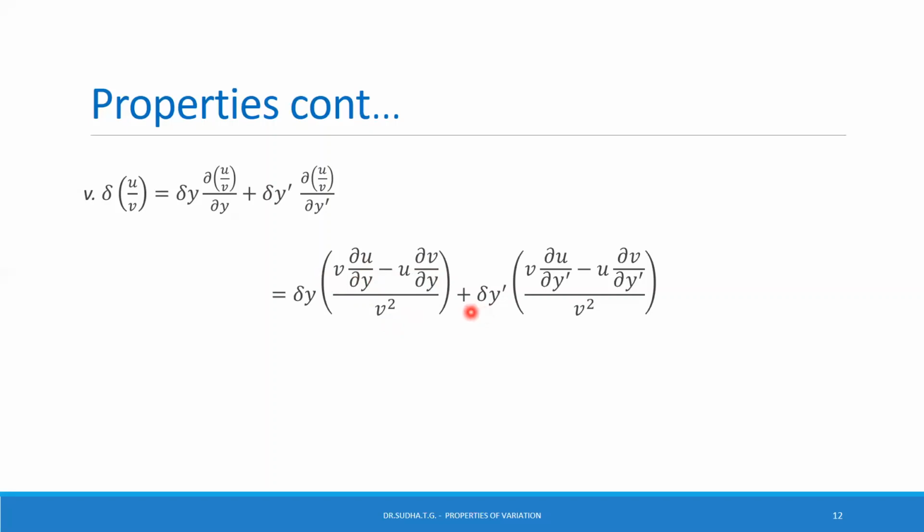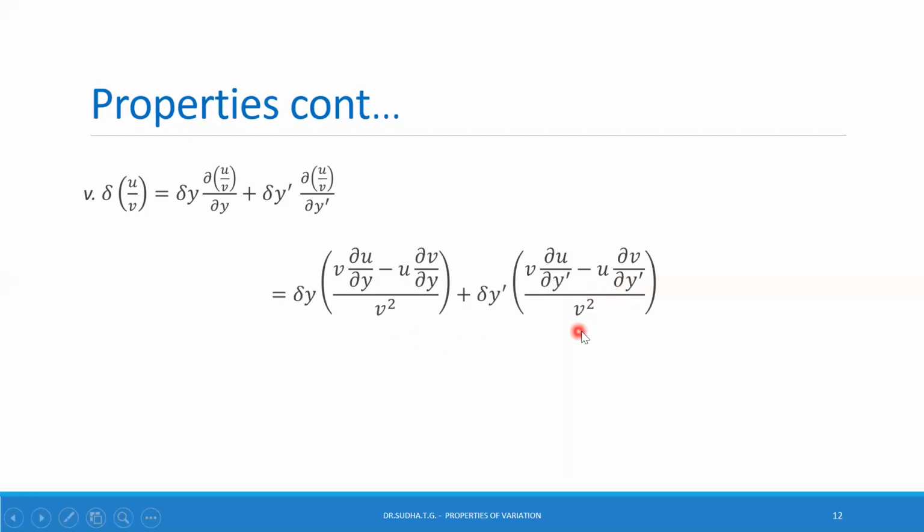And similarly the second term delta y dash into derivative of u by v with respect to y dash. So we get v into dou u by dou y dash minus u into dou v by dou y dash divided by v square.